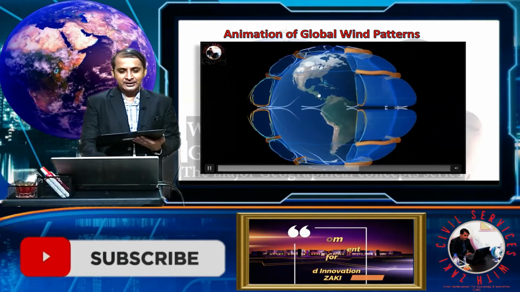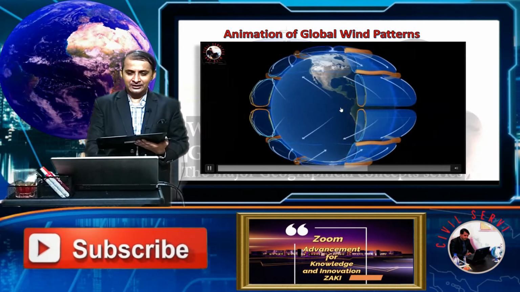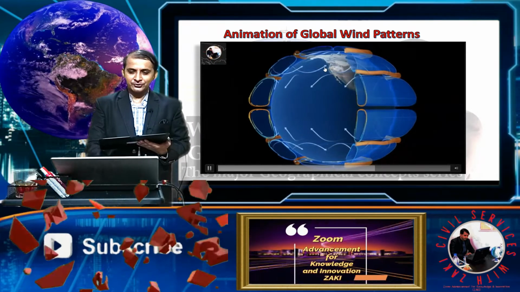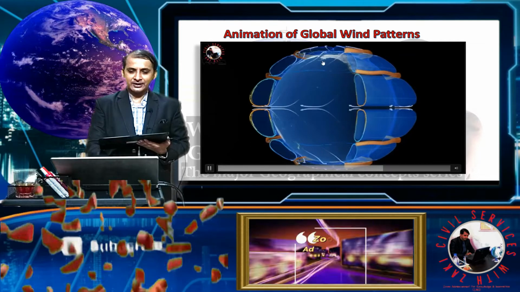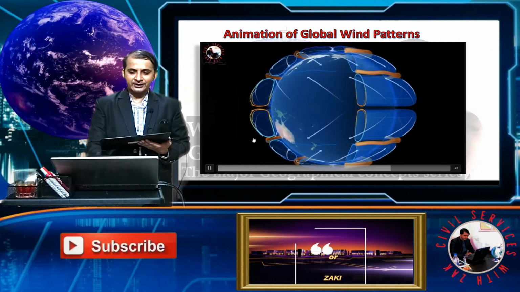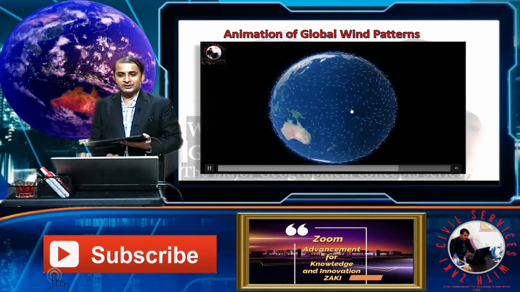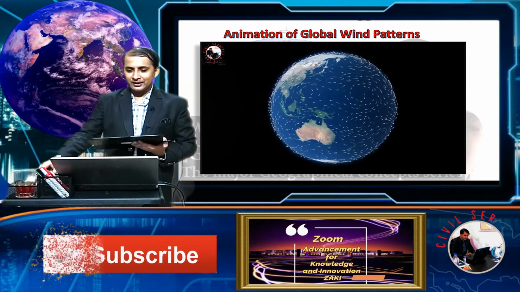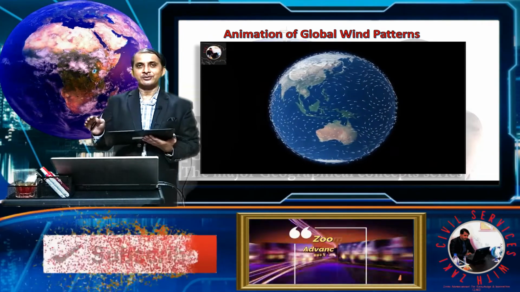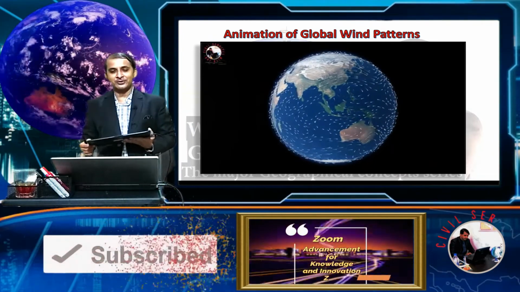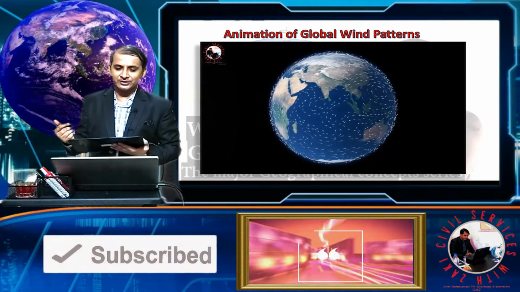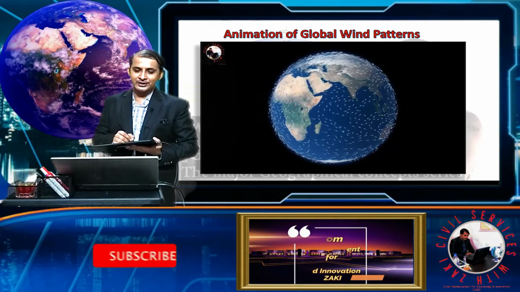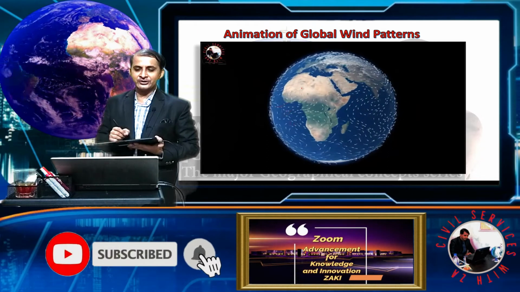And this is our easterly, and as you saw, this is the westerly, and these are the three cells model. As we know, our Earth is not uniform as a whole because it has various types of topographic features. So the real wind circulates this way.